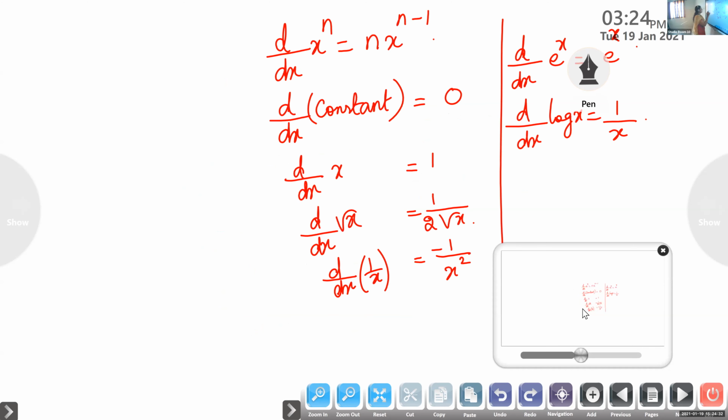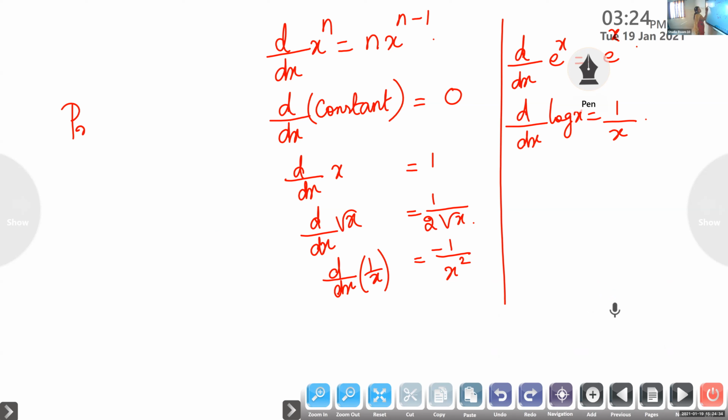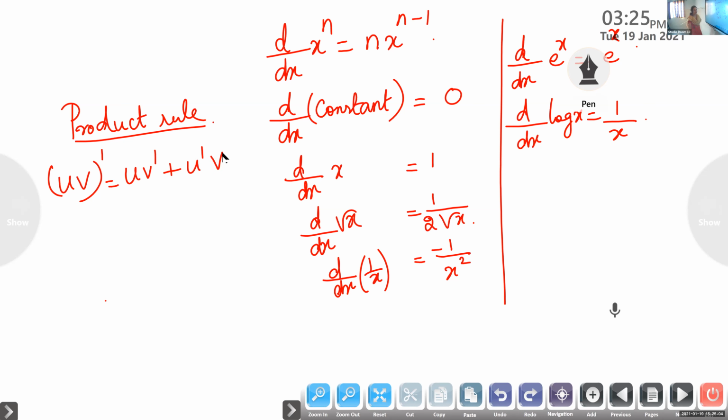The product rule is (uv)' = u v' + u' v. This is the product rule.